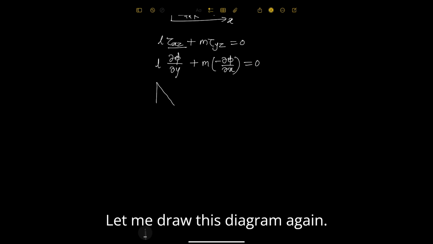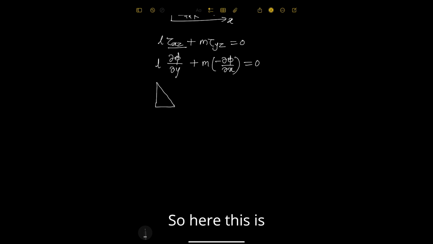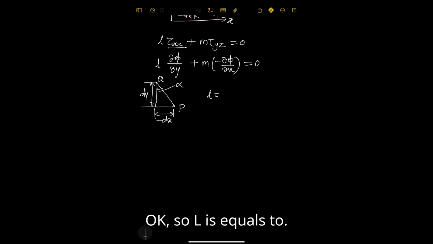Let me draw this diagram again. So here this is P, this is Q, this is alpha, this is minus dx, and this is dy. So L is equal to cosine of alpha, and M is equal to, let me draw n.